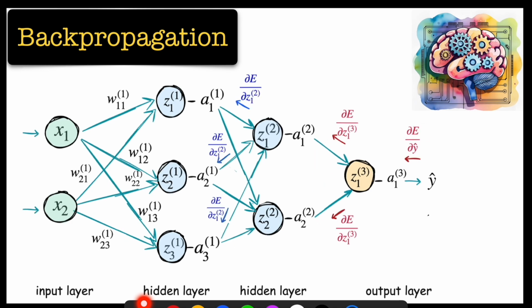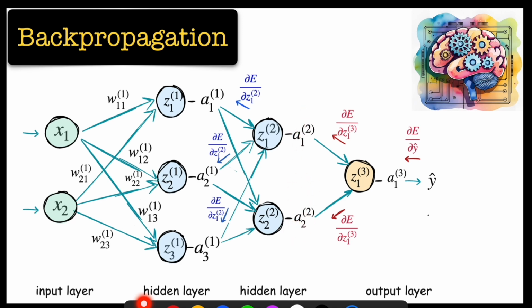So del E del y hat we calculated here, and this del E del y hat is used to calculate del E del Z13. Del Z13 is used in both the paths, right? Because Z13 is a weighted combination of this A12 and A22 both.